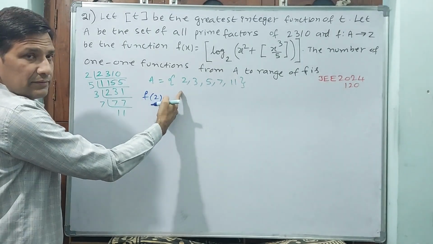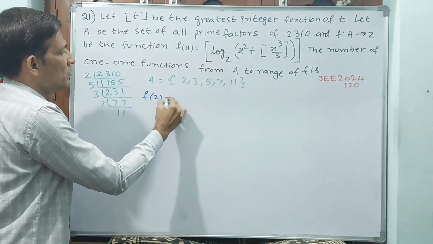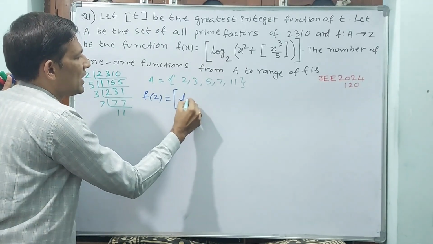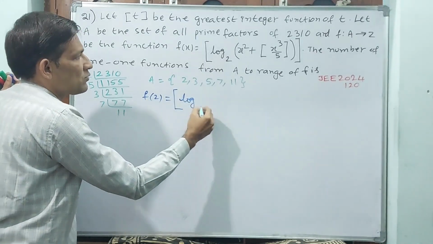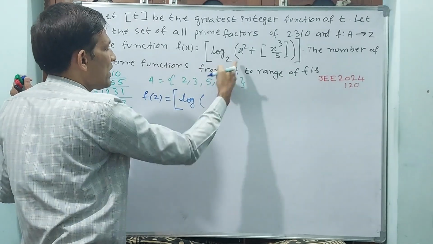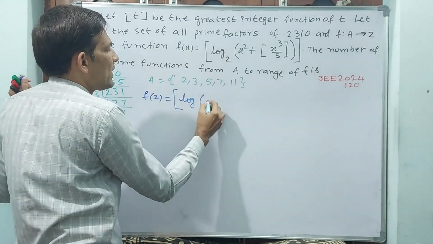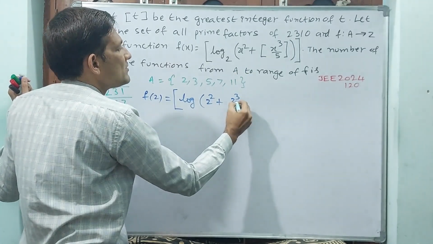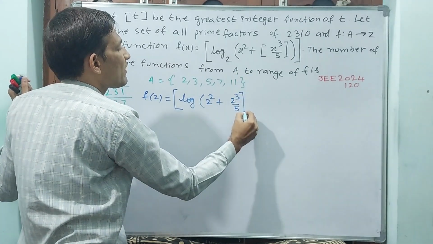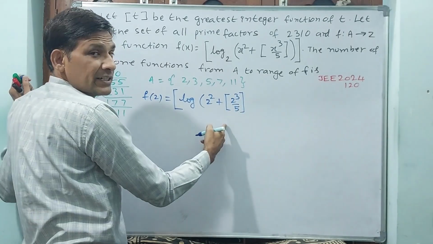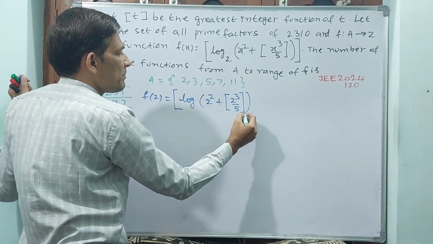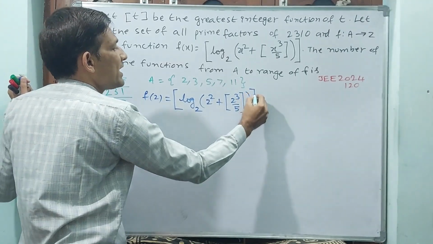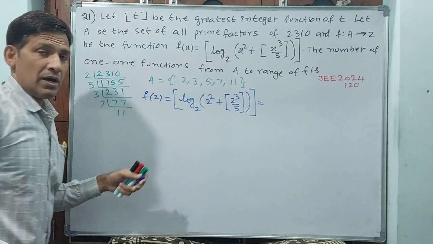A is this one, prime factors of this. f of 2 is equal to greatest integer of log to the base 2 of 2 square plus 2 cube by 5. But this 2 cube by 5 will be inside this greatest integer function. Then close the parenthesis, afterwards put this base 2 and again greatest integer. Carefully you have to do this.